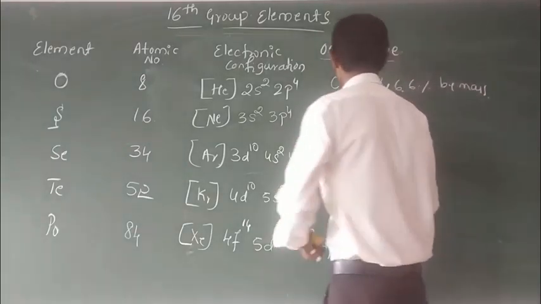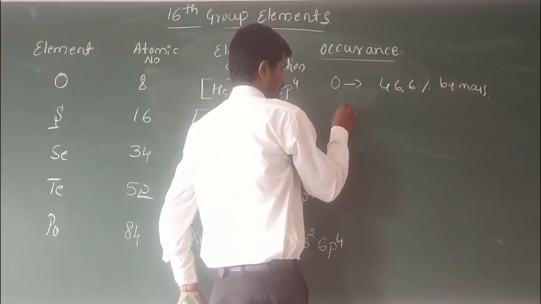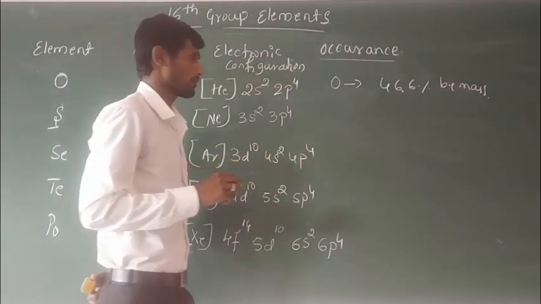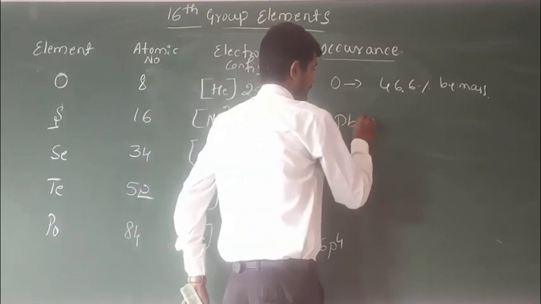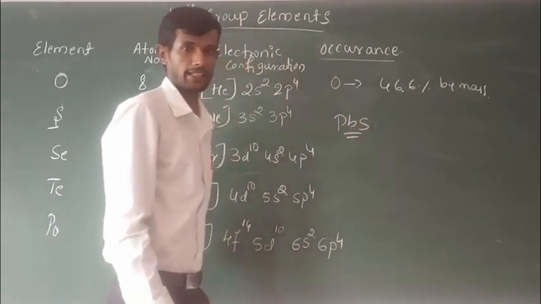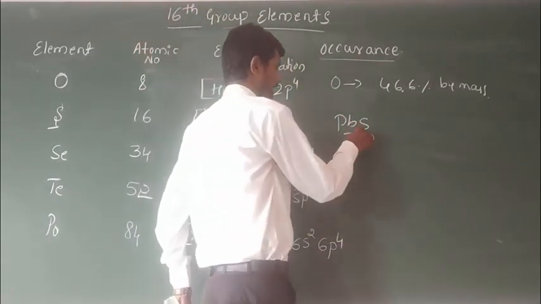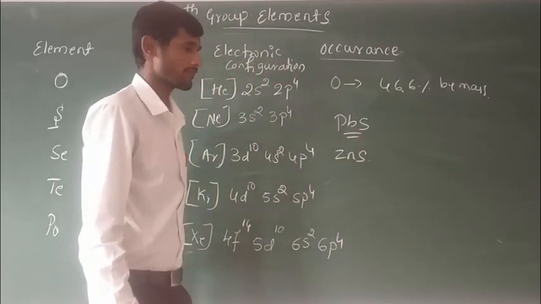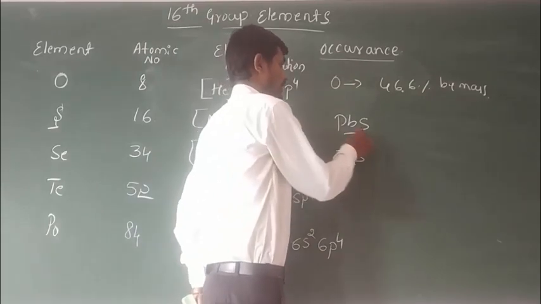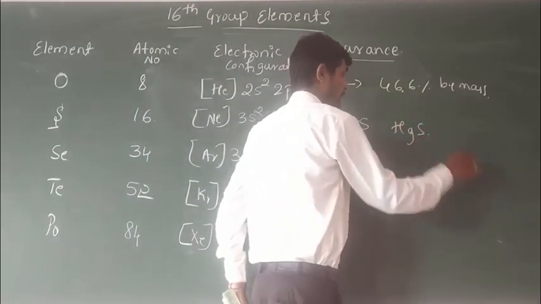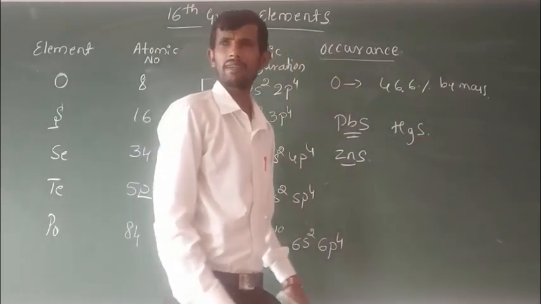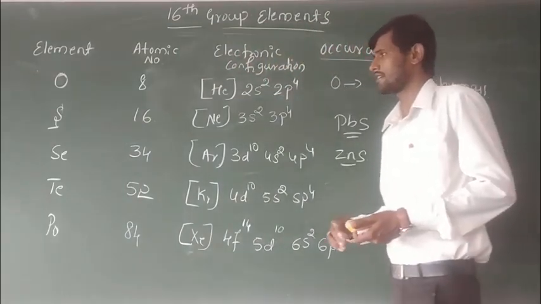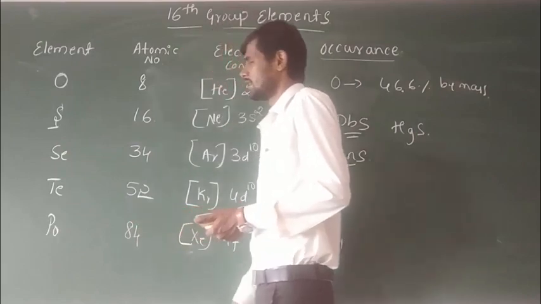For example, sulfur exists in combined state in the form of ores. If we take examples, PbS, lead sulfide, also called galena, zinc sulfide ZnS, HgS, mercuric sulfide. These are some examples of ores which contain sulfur.